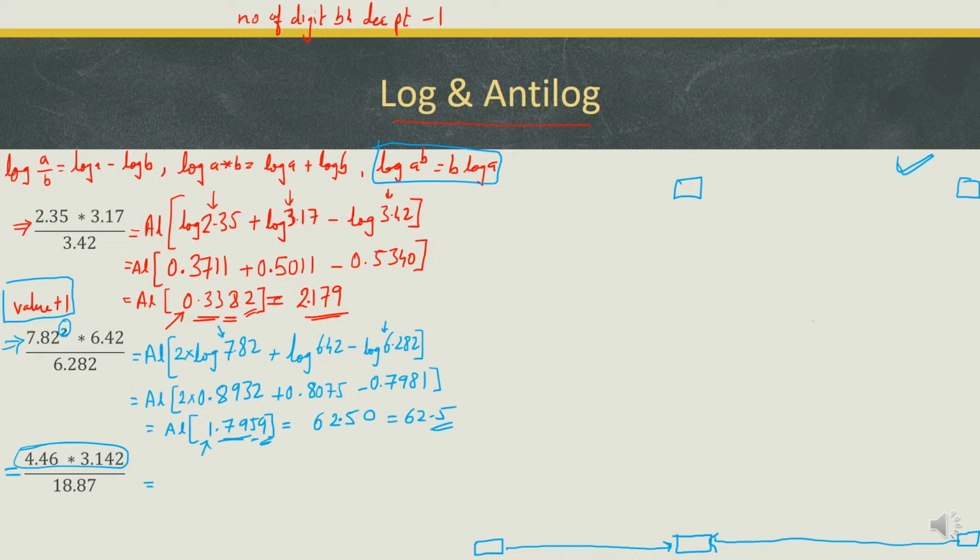To avoid all that, just make sure that your numerator is greater than the denominator. So what we can do is we can write 44.6 into 3.142 into 10 raised to minus 1 and divided by 18.87. So what we'll do is we will account this 10 raised to minus 1 afterwards.